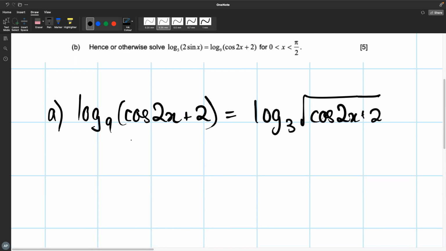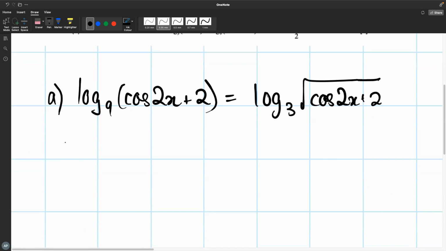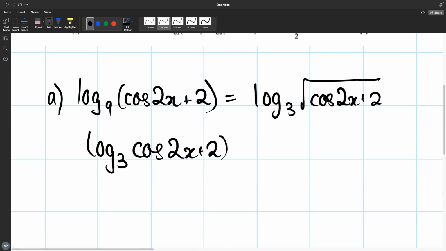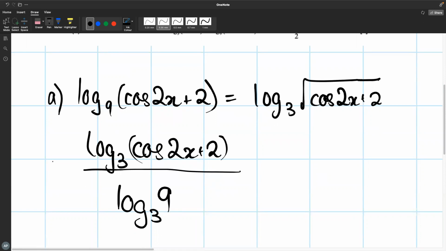So we're going to use the change of base rule. So we're going to write this as log base 3 of cosine 2x plus 2 in brackets over log base 3 of what was the base of the original, which is 9. So we're going to write it like this.